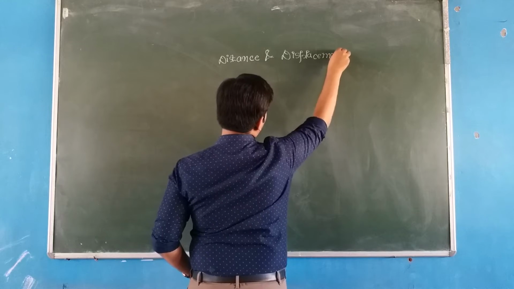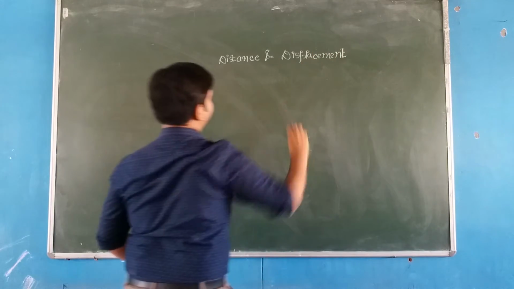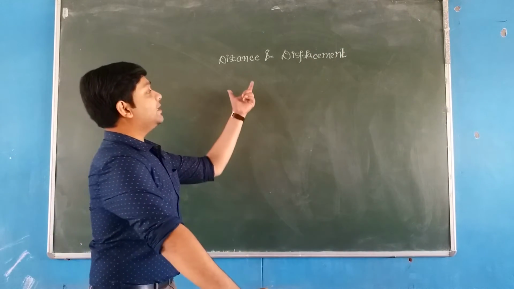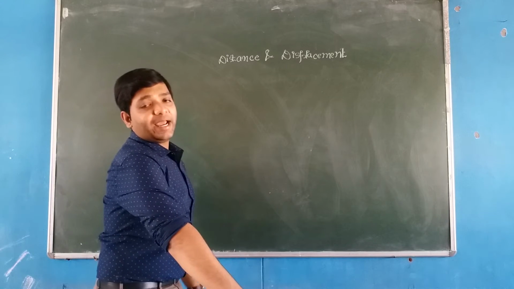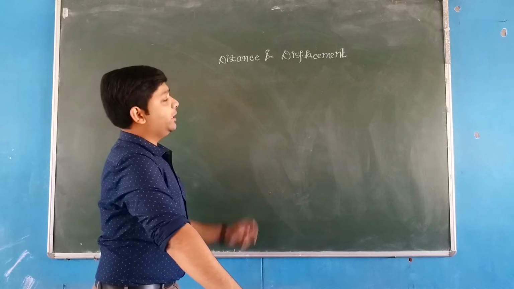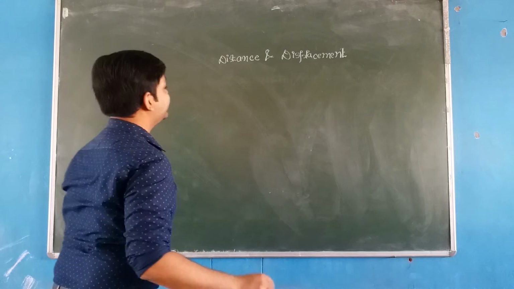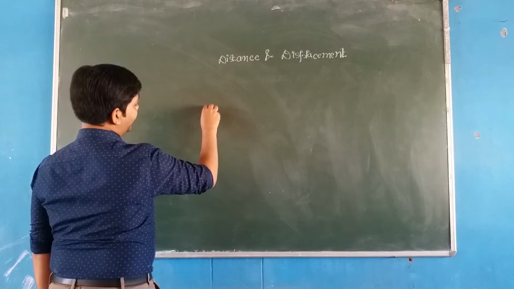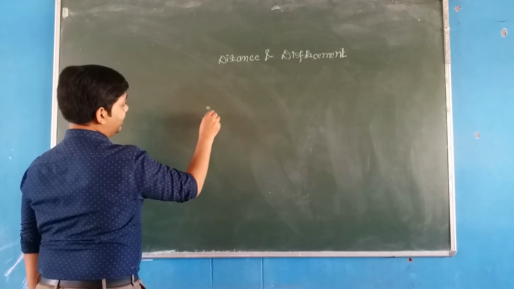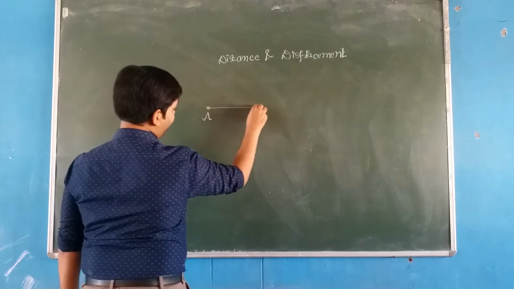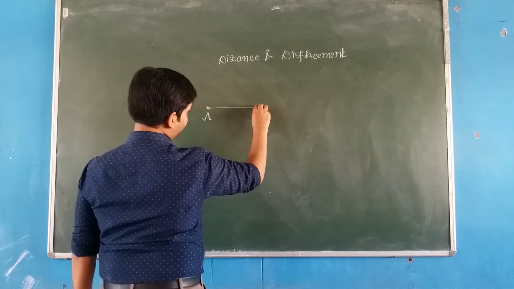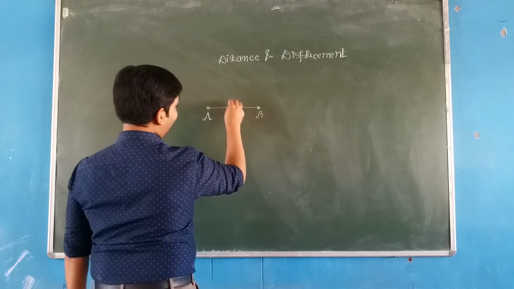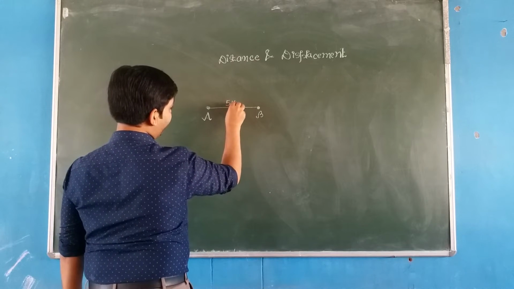So first of all, what is distance? Distance is nothing but the length of the actual path covered by the body during its motion. For example, there is a person who goes from city A, let's say this is city A, to city B, by traveling a distance of say 5 kilometers.